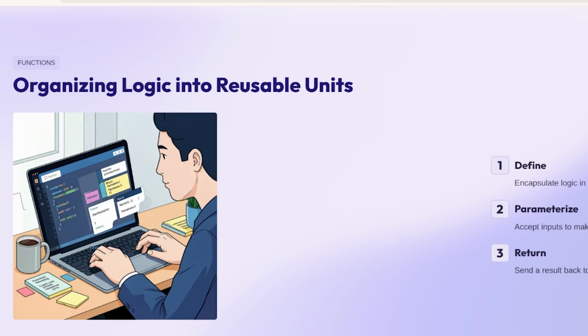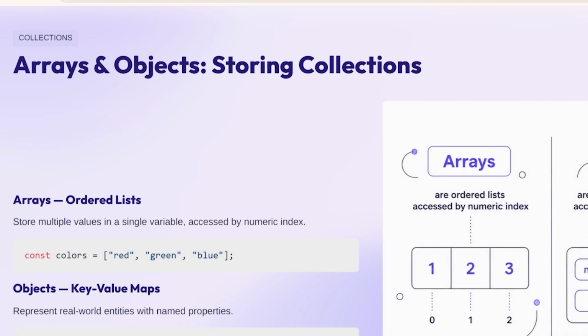Okay, and then the next one is array and object. JavaScript mainly provides two ways to store multiple values. The first one is array. An array stores multiple values in one order, for an example, a list of colors or students.